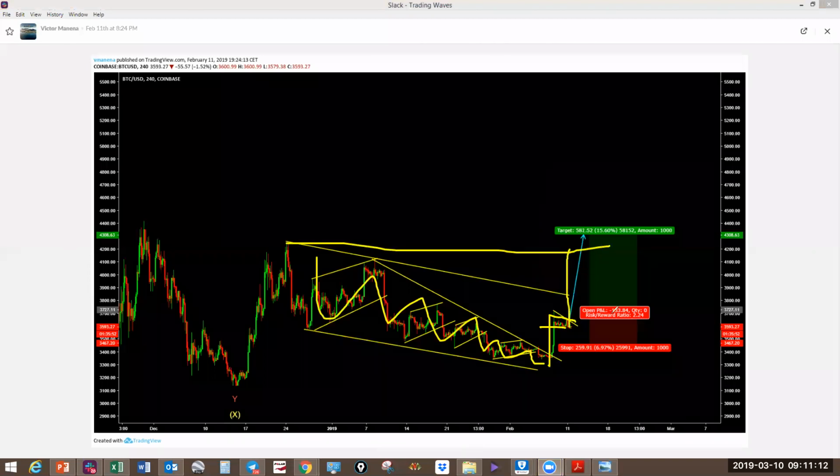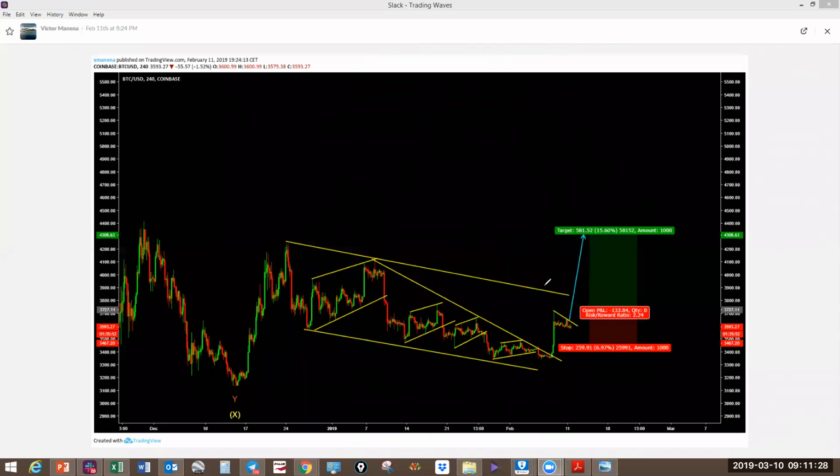Now you've got the move to the downside, and now we're busy correcting here. I'm going to update this one shortly because we're going to start with Bitcoin just now. So you can see these 1, 2, 3, 4, 5 moves, 6, 7, 8 moves identified way before it happened. We'll show you what the next expected move is now.